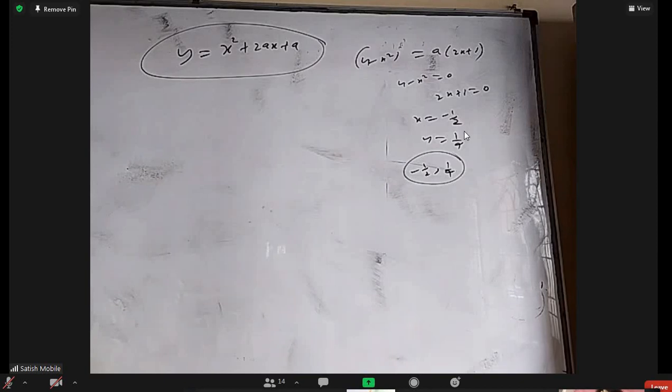Next, as you change a, what is happening to the figure of this? The constant is changing. Sum of the roots is changing. Product of the roots is changing.